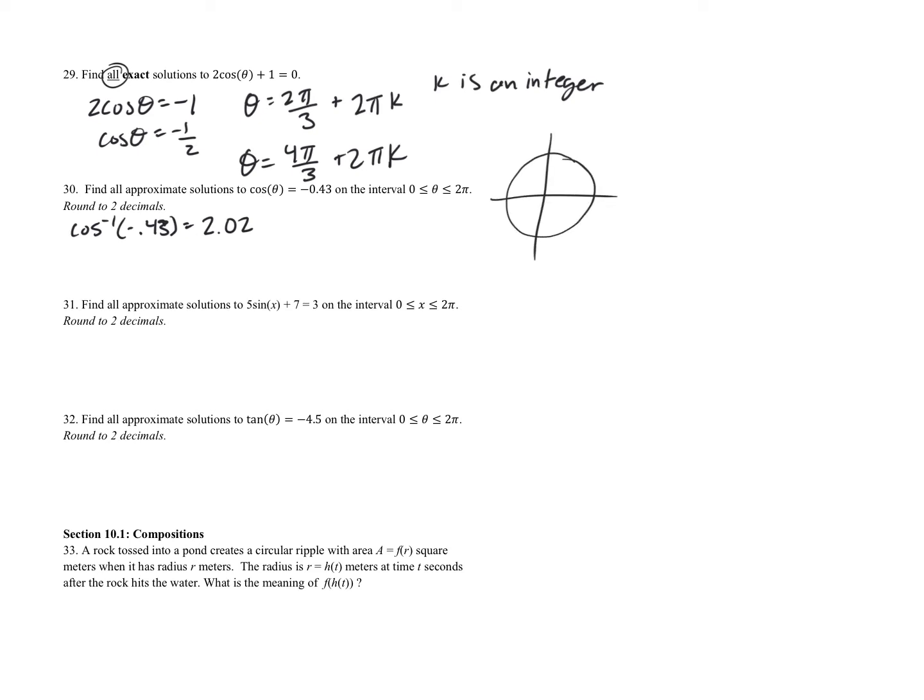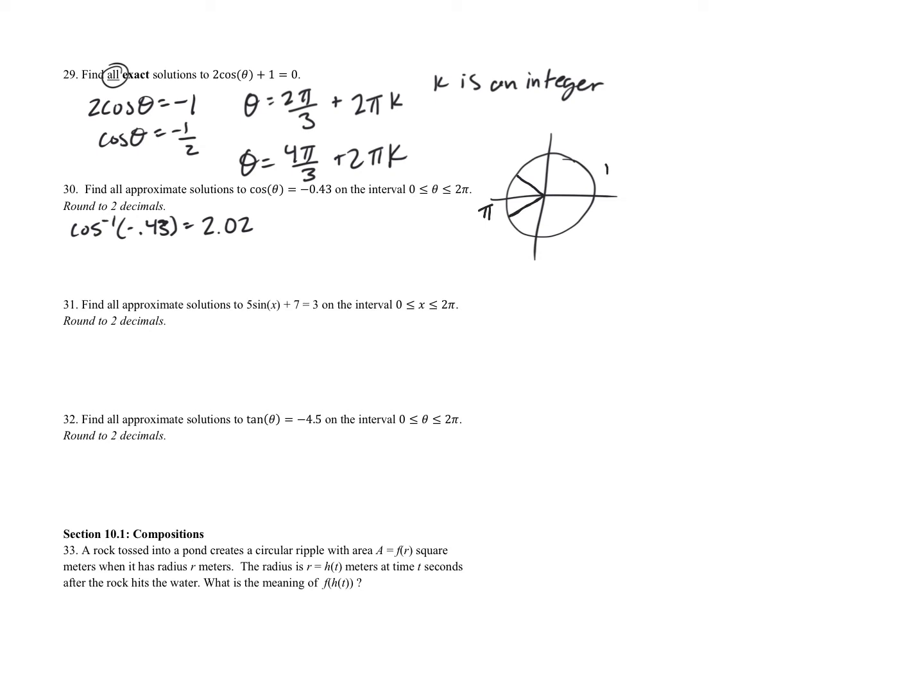Our cosine equals negative 0.43 at this angle, 2.02 radians. Pi is about 3.14, so we're actually going to get something around here. Since we're on that left side, which makes sense, if we have negative 0.43, we'll also have that value in that third quadrant there.